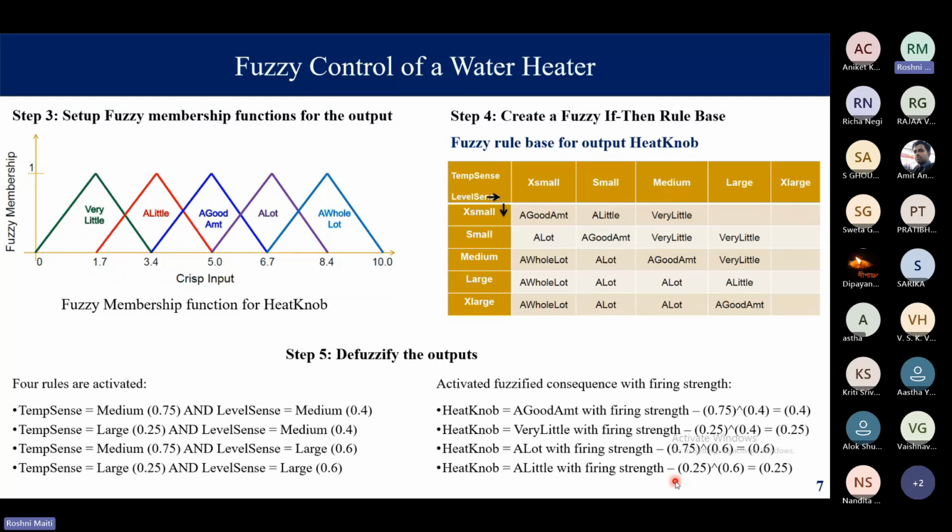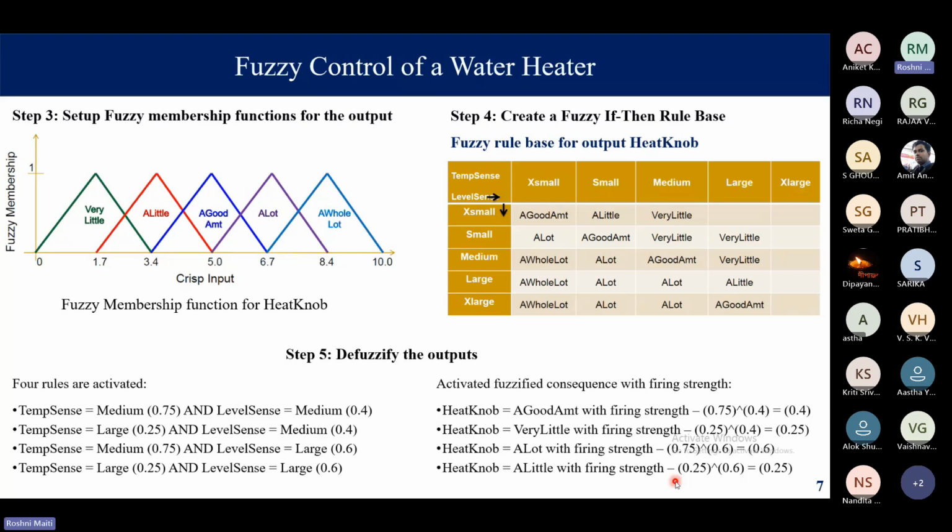Here we don't have any mathematical model of the level sensor and temperature sensor, and based upon that we are not giving the control input U, that is our heat knob. So we are not depending upon a model. We are depending upon the data. So these are actually data-driven control and not model-based control.